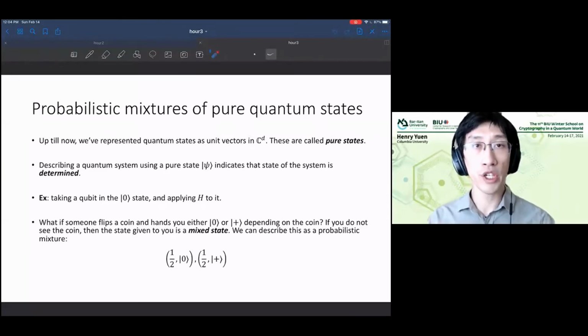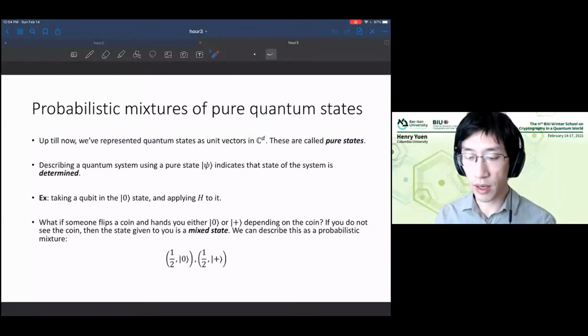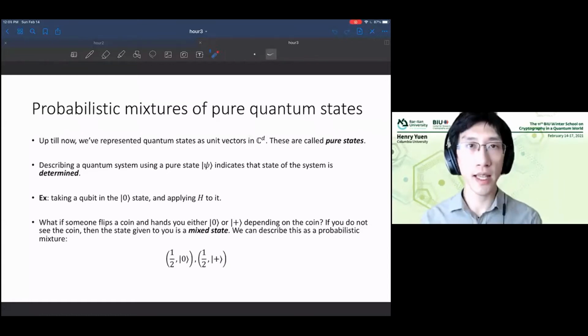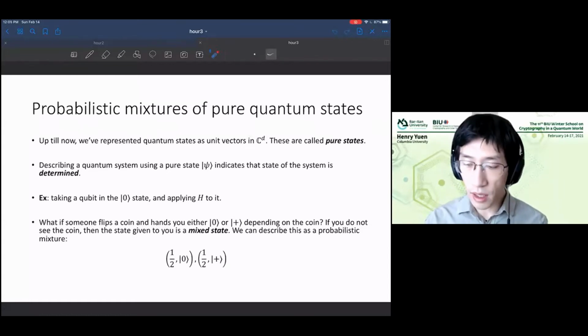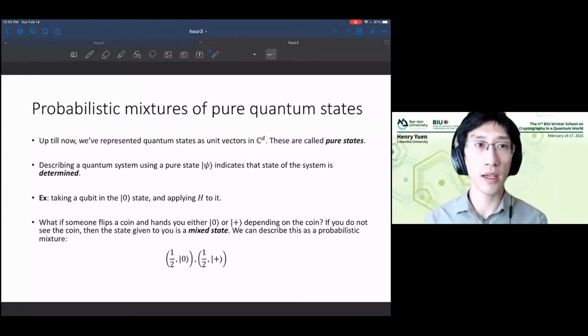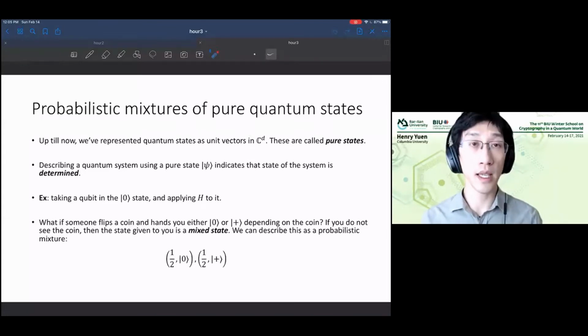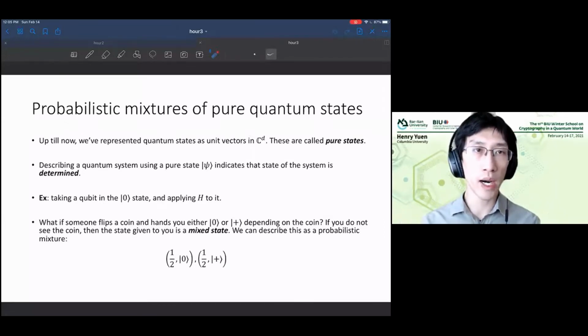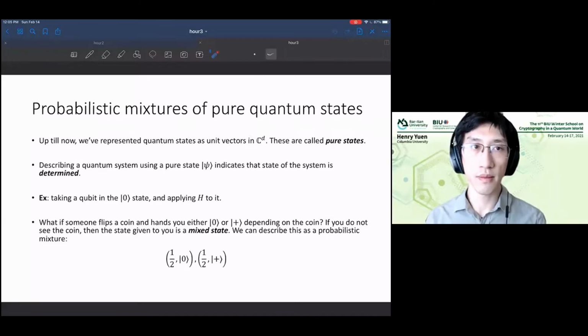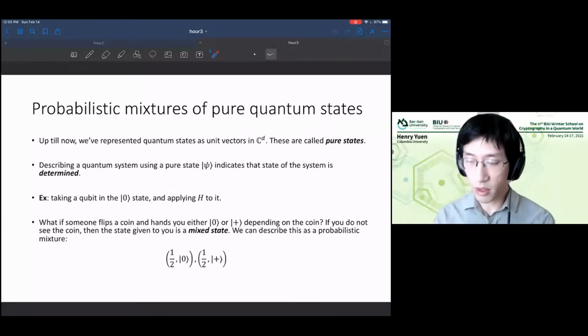But if you don't measure it and you apply unitary transformations, we know exactly what the outcomes are. Another way of saying it is that if a system is in a pure state, there is some basis that you can measure in which there will be a probability 1 outcome. Okay, so that's what I mean by determined.